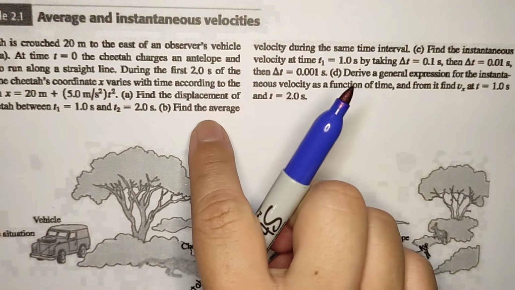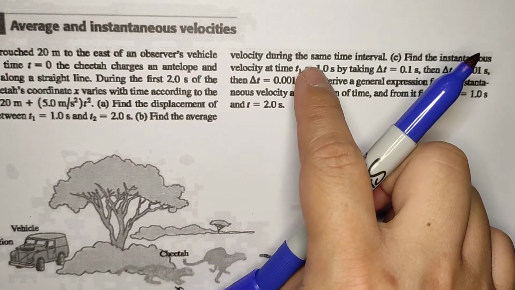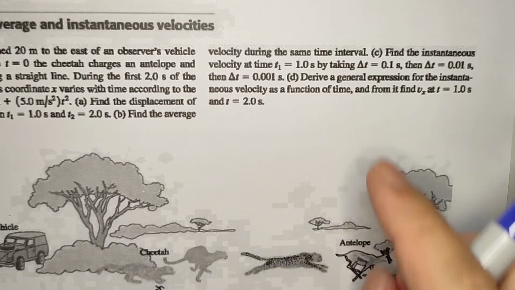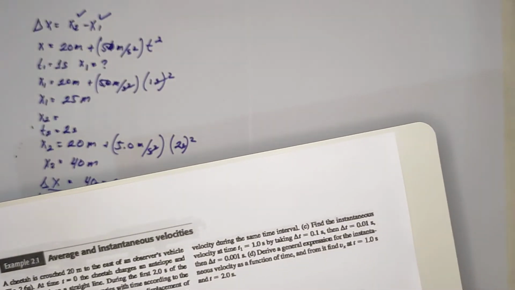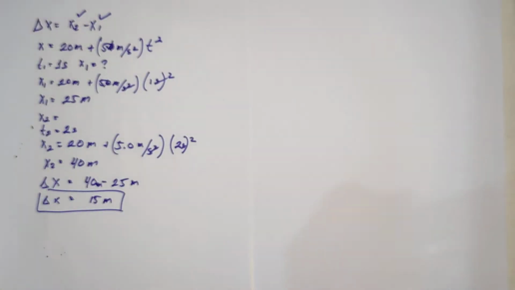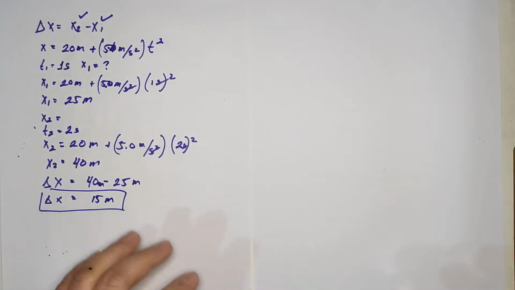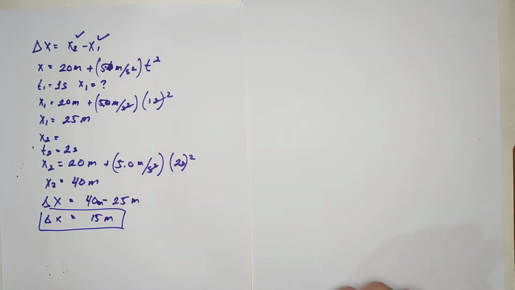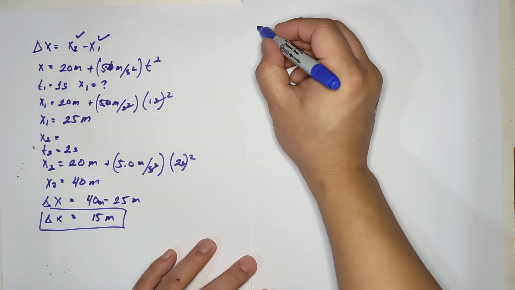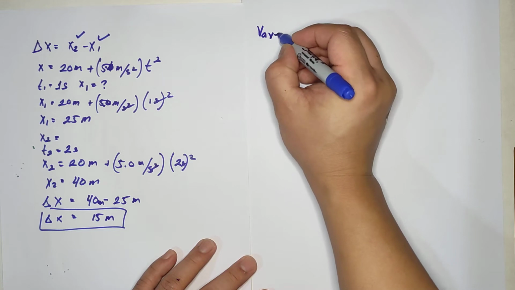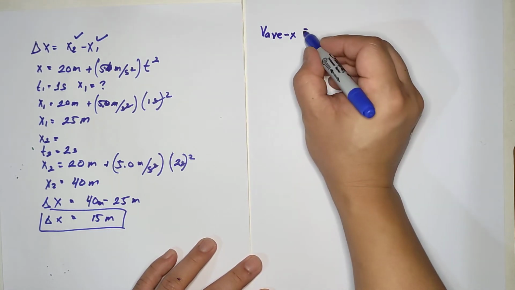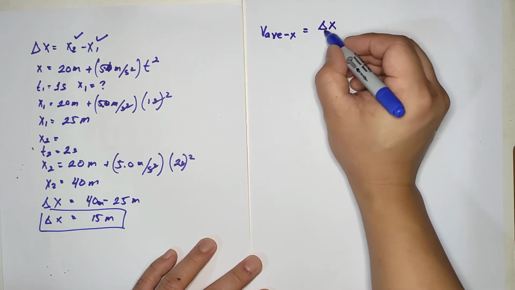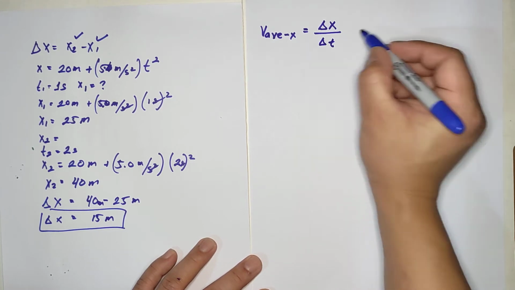Now, find the average velocity of the same time interval. So what's the average velocity? For the average velocity, you have the equation: v average along x equals delta x over delta t.